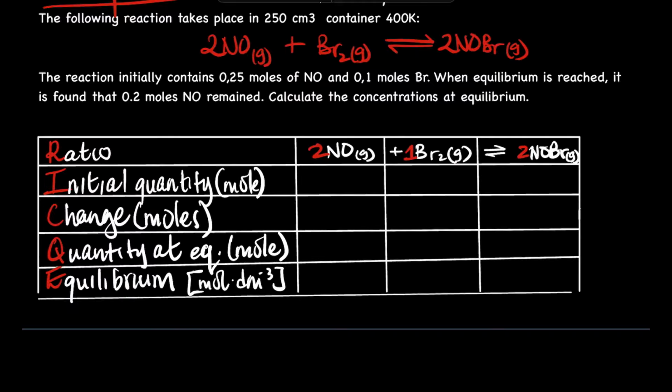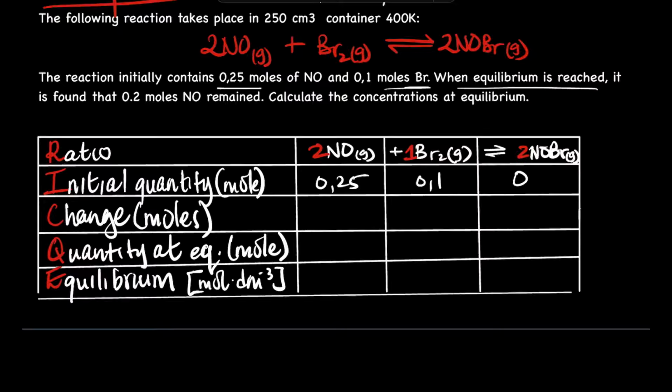Since we're given the initial amounts, this is the initial amount of nitrogen oxide, 0.25, and the initial amount of bromine, it's 0.1. It's in moles, this table works with moles, and there was no product initially.